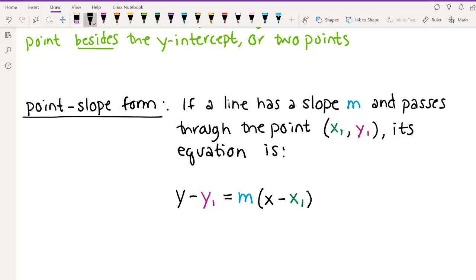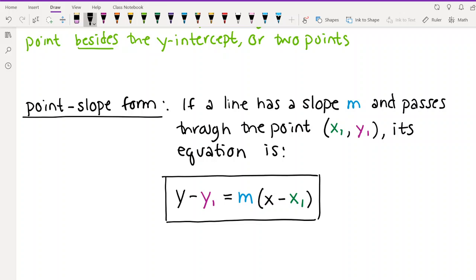So I think this will become clearer once we do some examples, but I just want to point out what I think students might get a little mixed up with in this form: there's a y and a y1 and an x and an x1. The important thing is that the y and the x are going to stay in the equation.